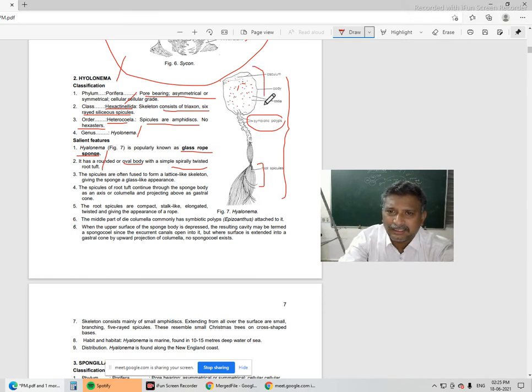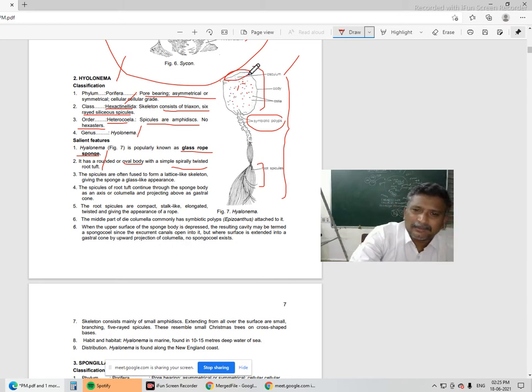From here to here is the body. Ostia are there, body and osculum. The osculum is a widened osculum. Based on that property, we can say that it belongs to Hyalonema, observing from here to here also.